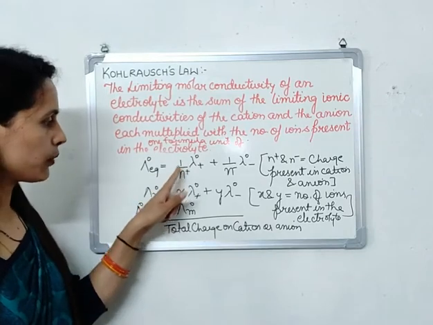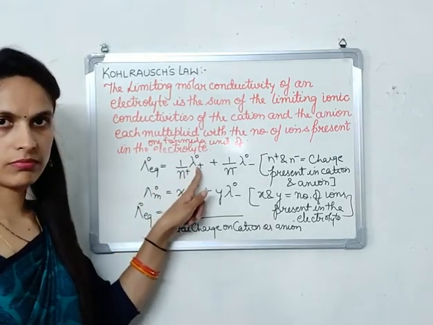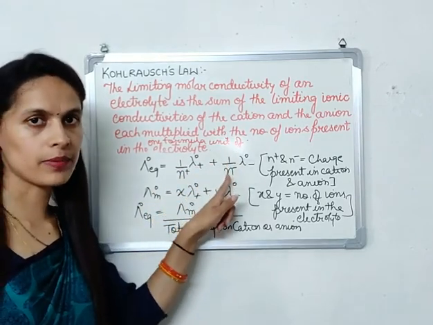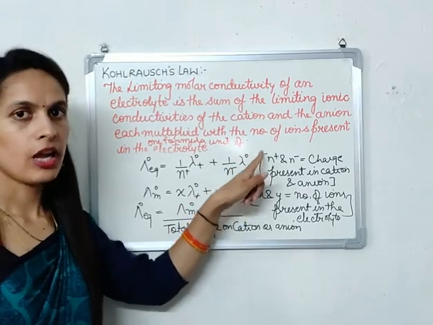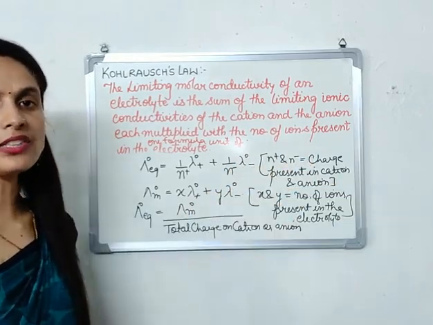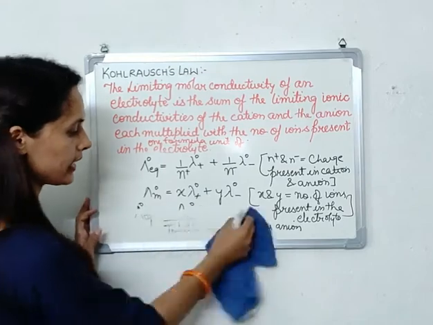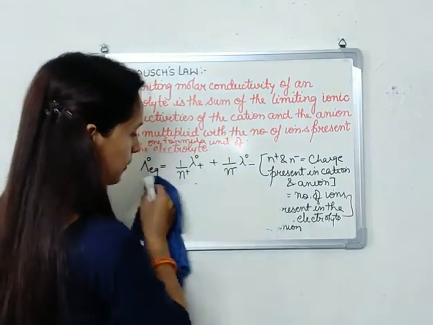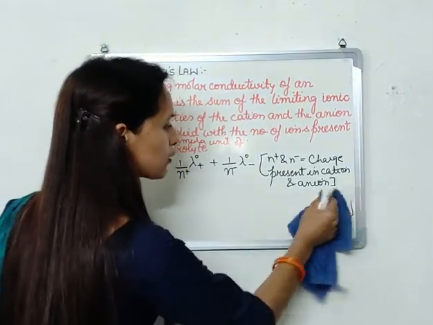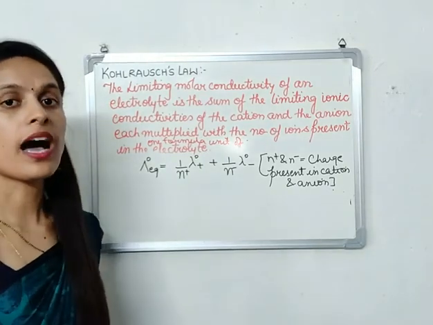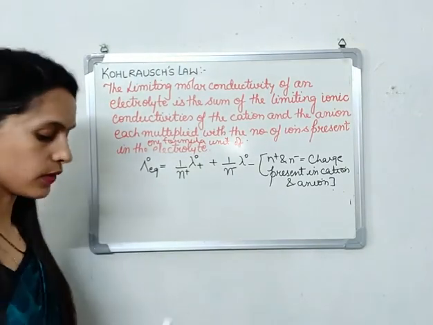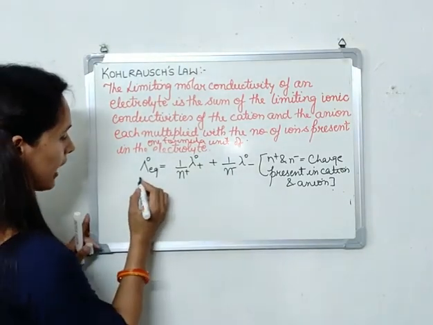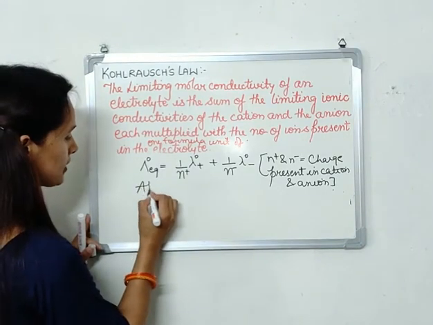So this is 1 upon n positive lambda for cation plus 1 upon n negative lambda for anion, where n positive and n negative are the charges present in the cation and anion. If I take an example to calculate lambda equivalent, suppose I have AlCl3.